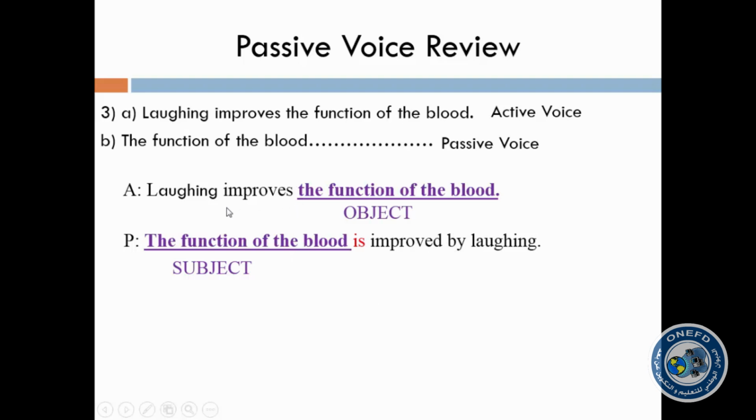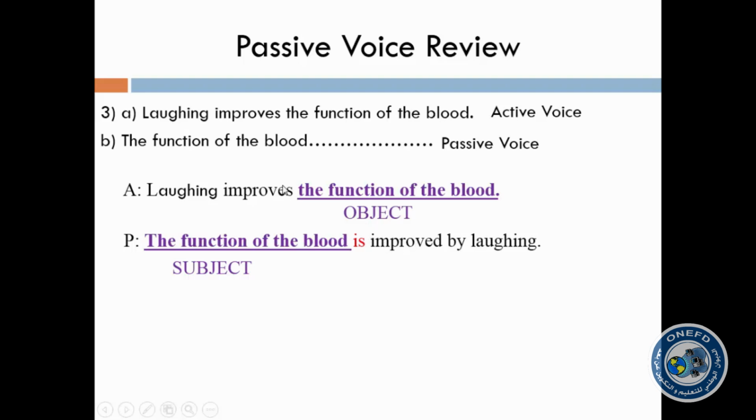Next, we move on to the verb. In the passive voice, the verb is to be plus the past participle. In order, we conjugate to be according to the tense of the verb in the active voice. So you have to pay careful attention to the tense of the verb in the active voice, so you can conjugate to be, and give the original verb its past participle.